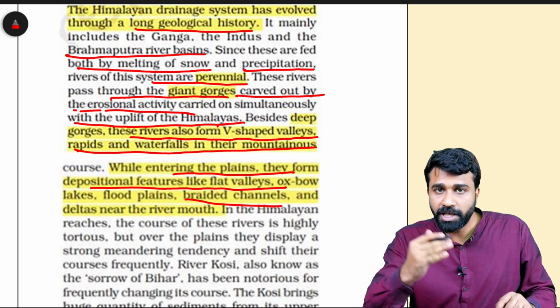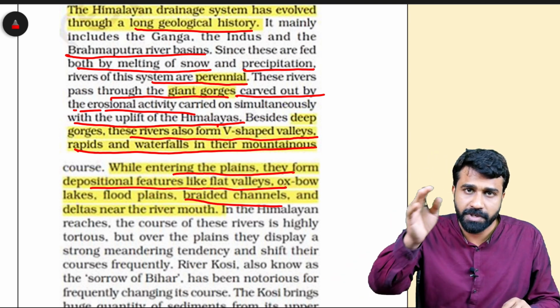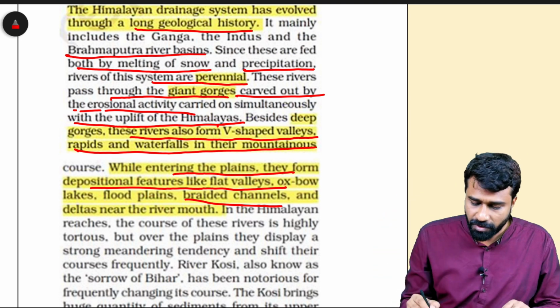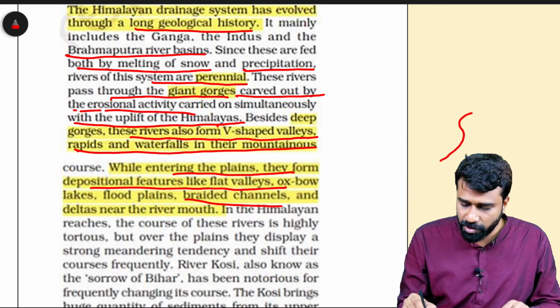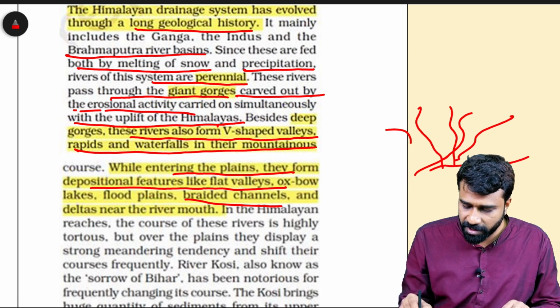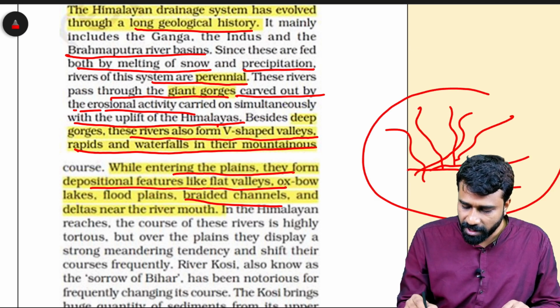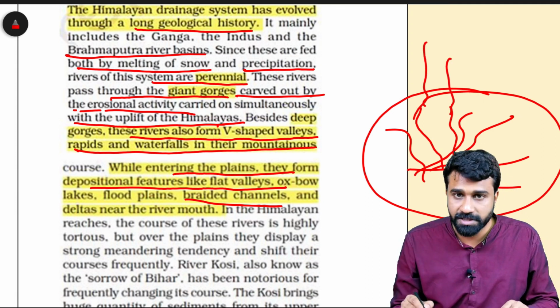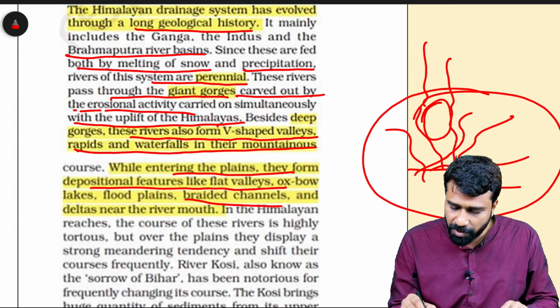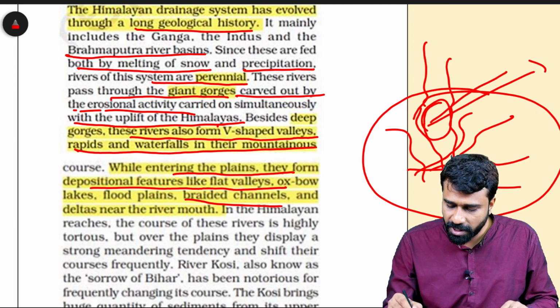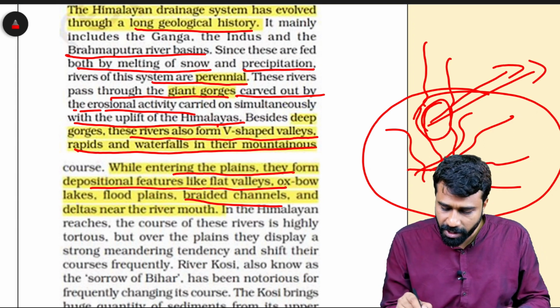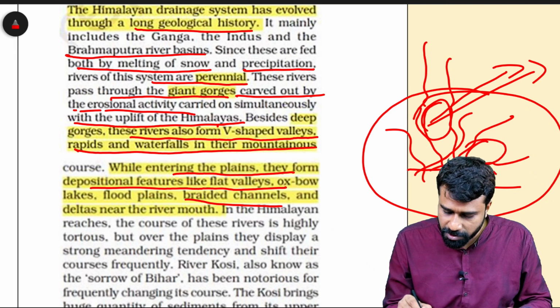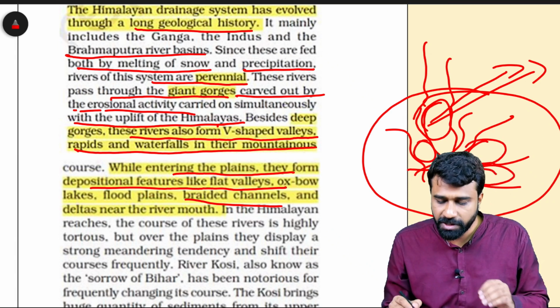Just now I have told you about the Himalayas, left bank tributaries, right bank tributaries, looking like a braided channel. The braided channel has a huge number of branches of a river, and between these branches you have highly uplifted depositional sediments.